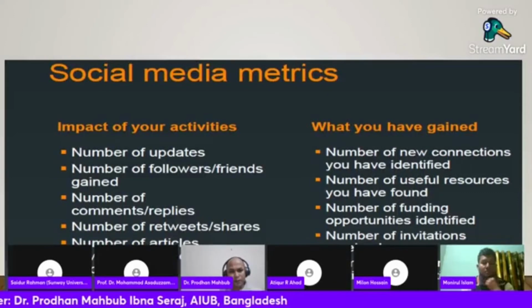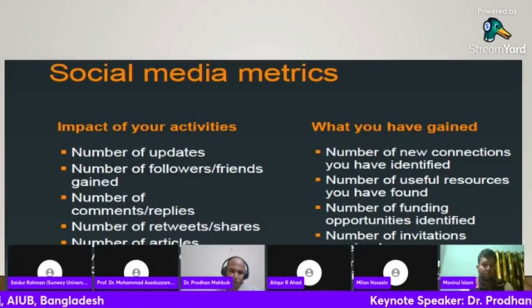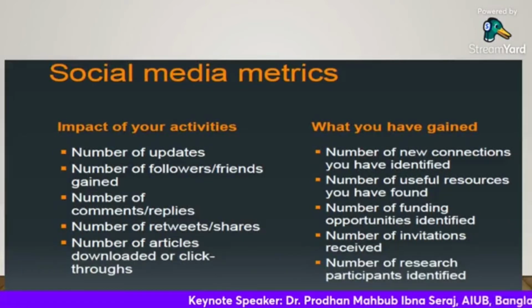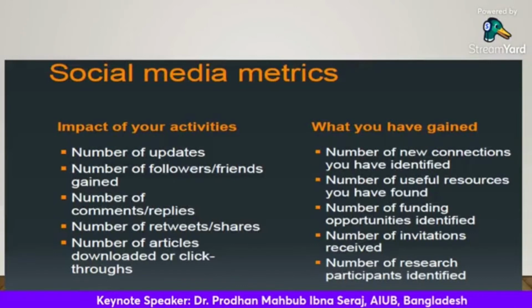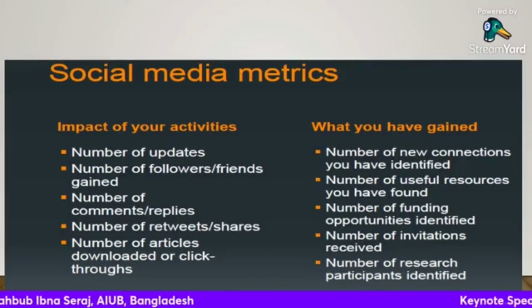So these types of metrics you can also get from these types of platforms. Some of them I have already mentioned. For example, you can find your updates, you can find your followers, I mean, who is reading your papers and downloading your papers.